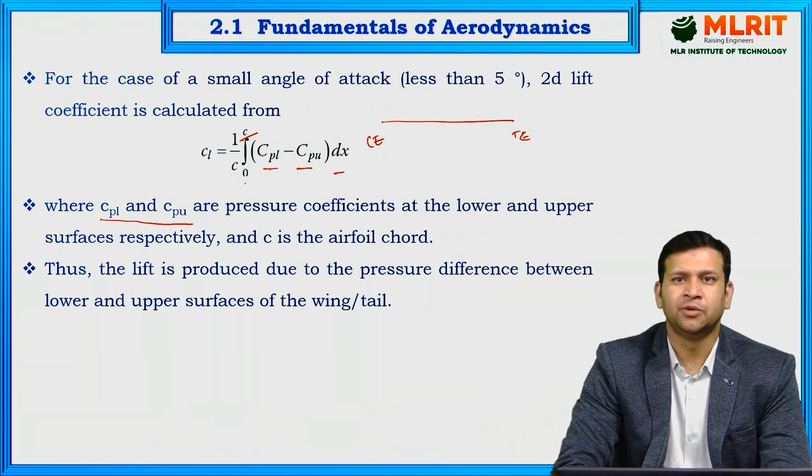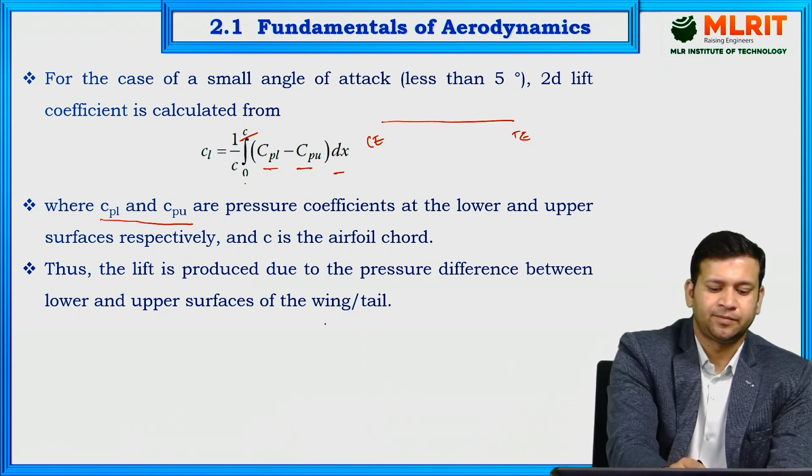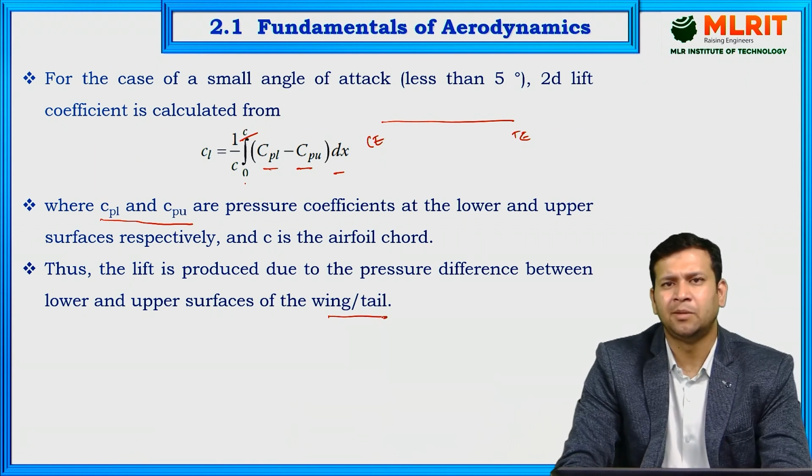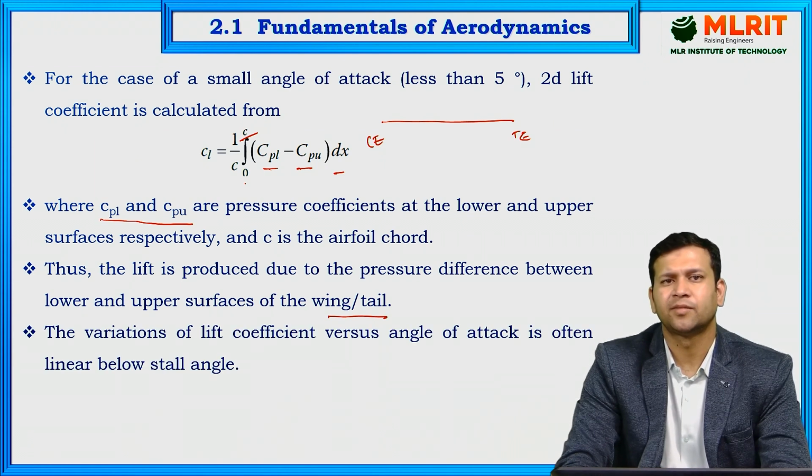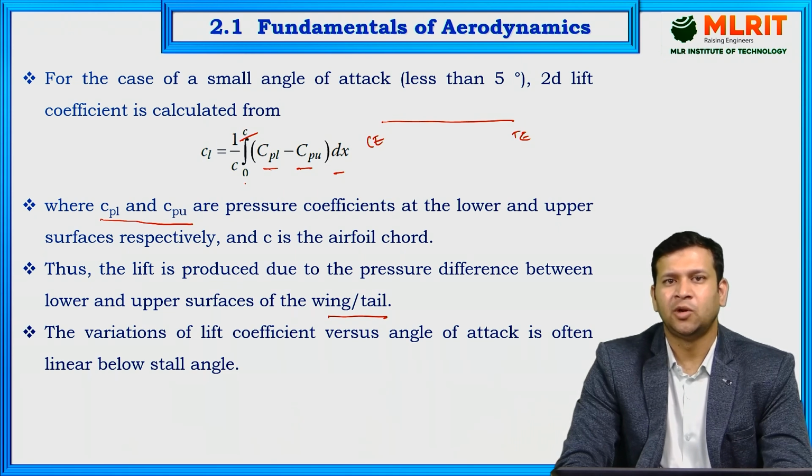The lift is produced due to the pressure difference between the lower and upper surfaces of the wing and tail. It is the same method we will be following for wing and tail. The variation of lift coefficient versus angle of attack is often linear below the stall angle.